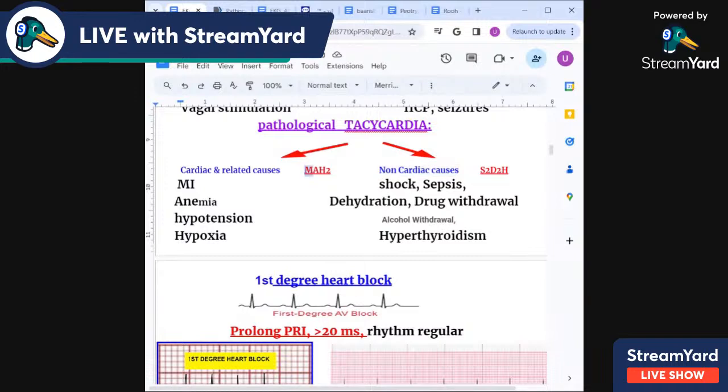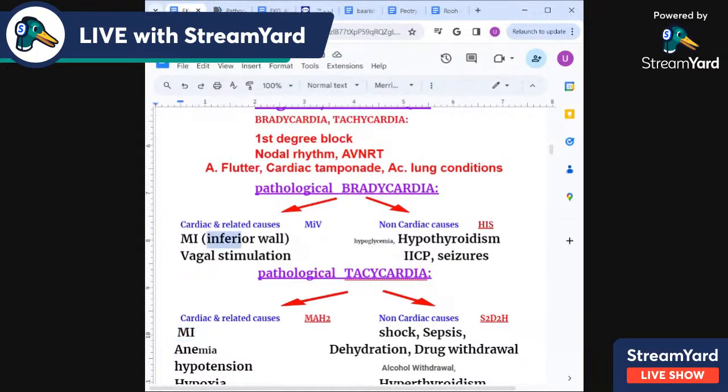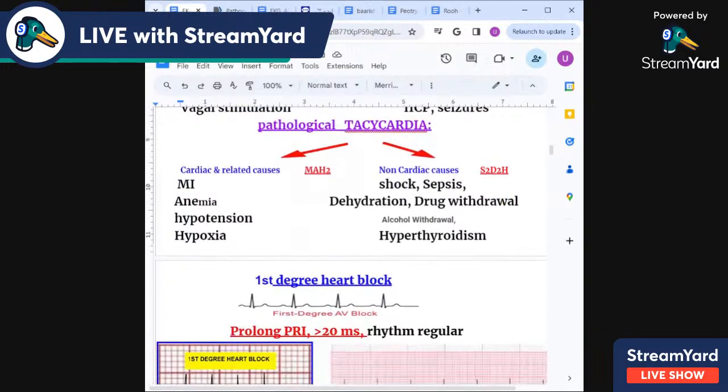M for myocardial infarction. See here, myocardial infarction usually causes tachycardia, but inferior MI may cause bradycardia. So this is the difference. And then M for myocardial infarction, A for anemia, H for hypotension, and H for 2H, one H for hypotension, another one for hypoxia.